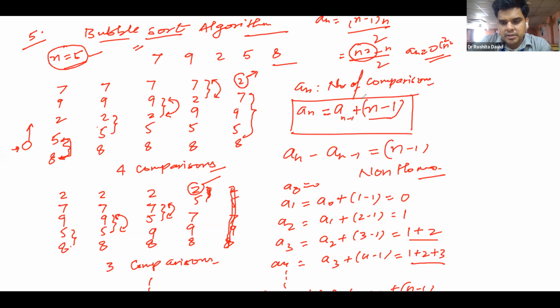N minus 1 comparisons were required for taking this smallest one to the top. And a_(n-1) is for the number of comparisons required to sort the remaining n minus 1 elements. So that's why this recurrence relation is there. And according to this pattern, I have checked the order of complexity. Any doubt?